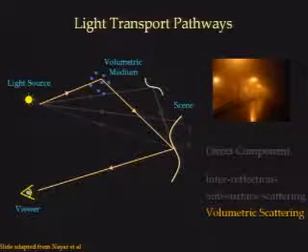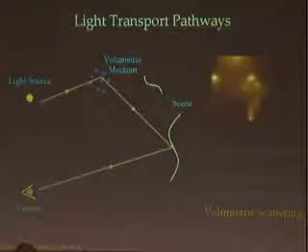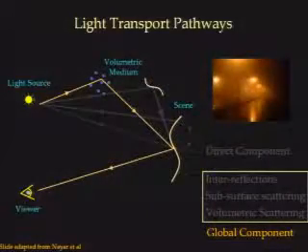So surfaces are not immersed in vacuum. You always have a medium around it, so you're not going to treat the problem as 2.5D, but a full 3D problem, right? So it could be the atmosphere, it could be underwater, it could be any kind of a medium. So these three different mechanisms of light transport are what we can call global component, right?